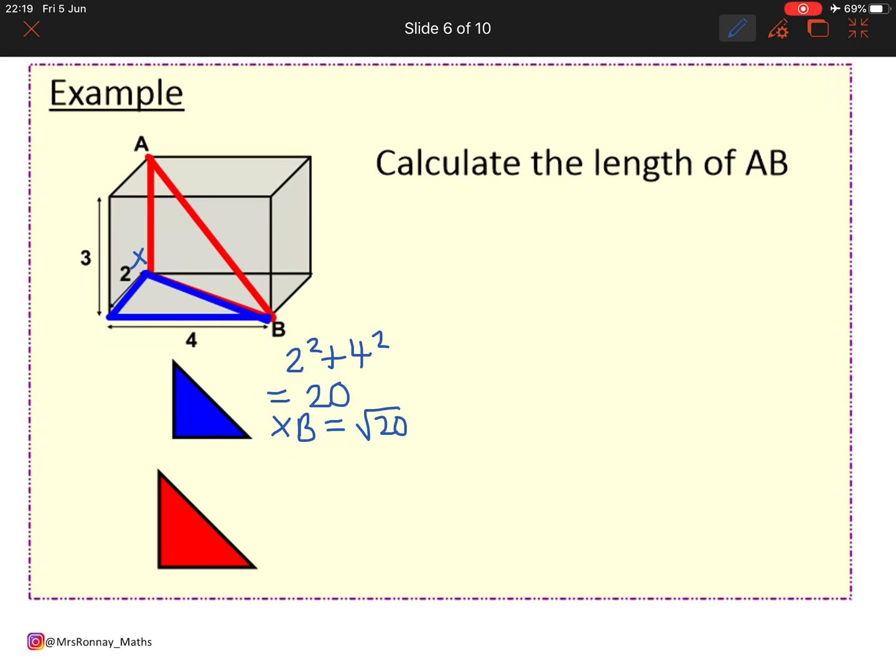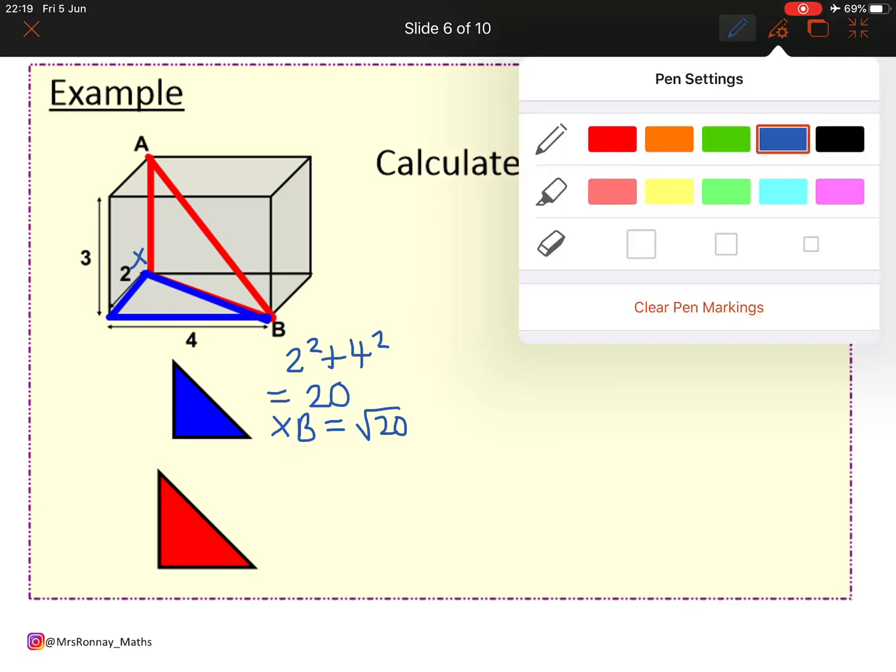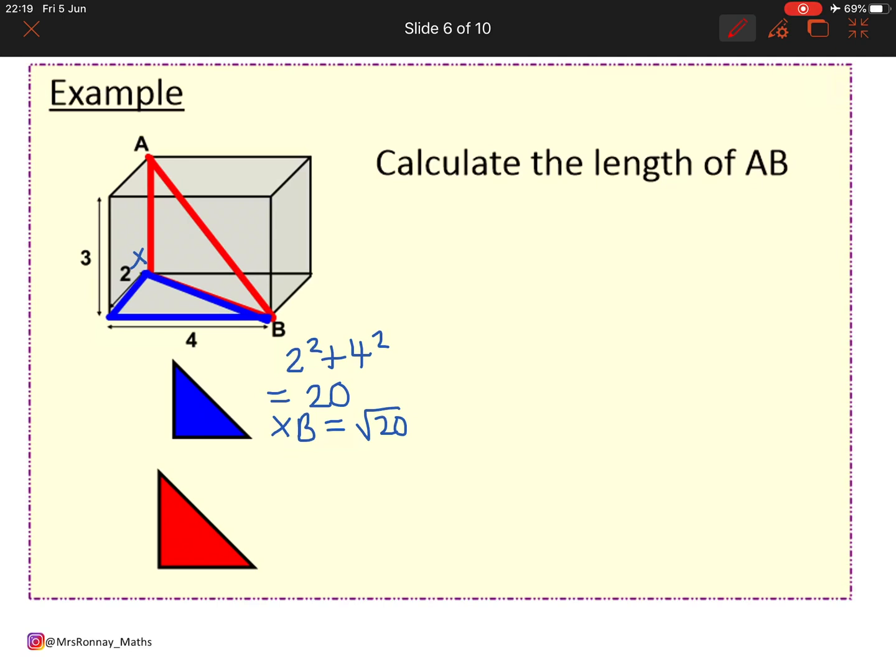We now know that XA is 3, because that's from the question. So to do my red triangle, what we are going to be doing is root 20 squared, which is just 20, guys, plus 3 squared. So I'm going to have 29.